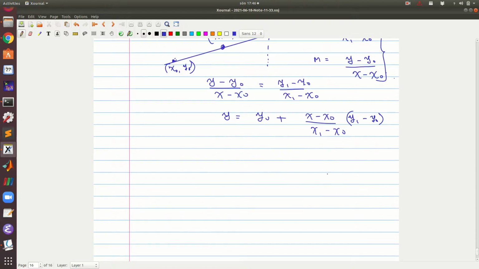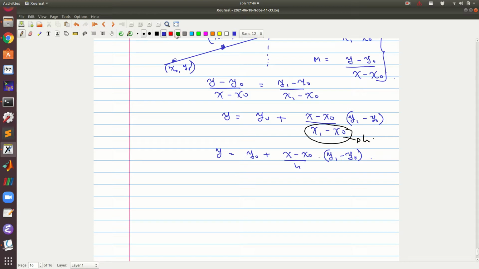For equidistant points, we simply set x1 minus x0 to h, the step length, so that we can write y equals y0 plus x minus x0 divided by h times y1 minus y0.